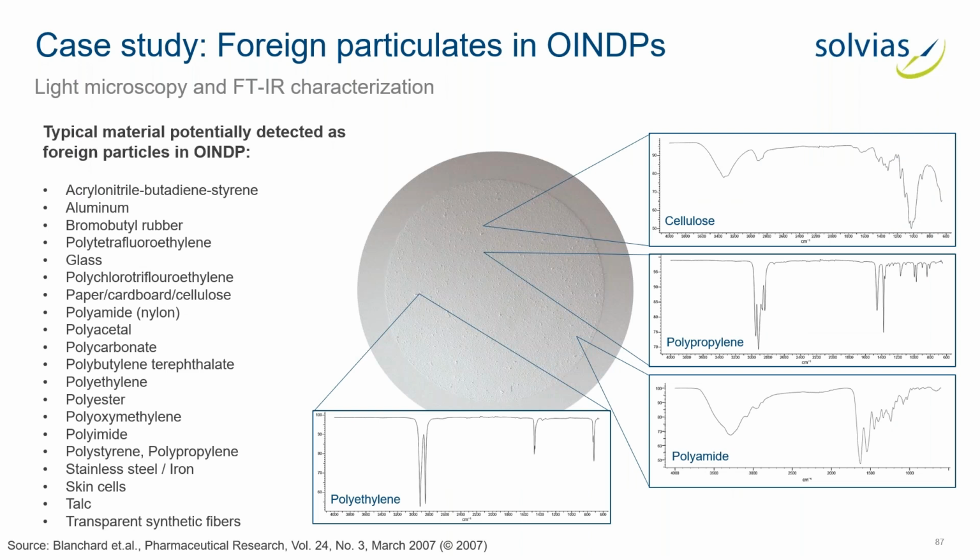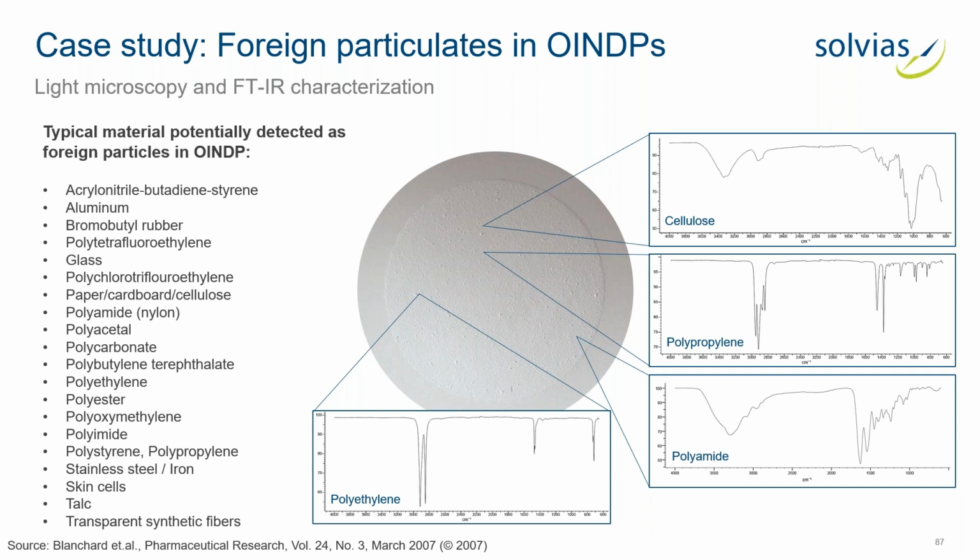Our second case study is coming from nasal and orally inhaled drug products. What is OINDPs? This type of products is usually coming in some devices. These devices are made of plastics, all kinds of plastics. And this is already the first hint. We have something in the device, we have to get it out.